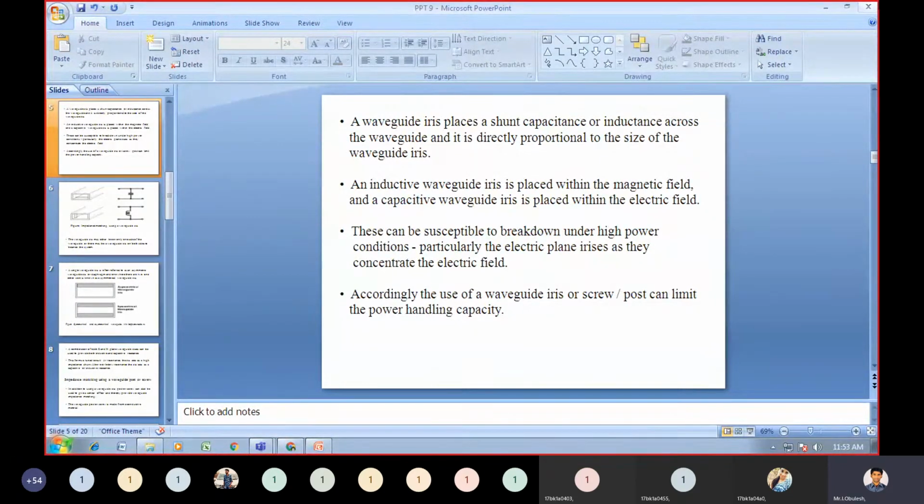Accordingly, the use of waveguide irises, screws, or posts can limit the power handling capacity. We have limited power handling capacity with irises, screws or posts.